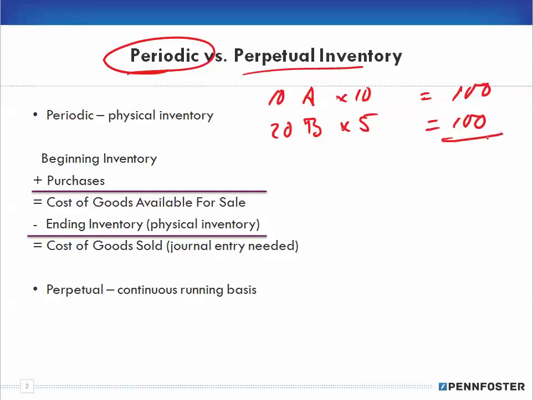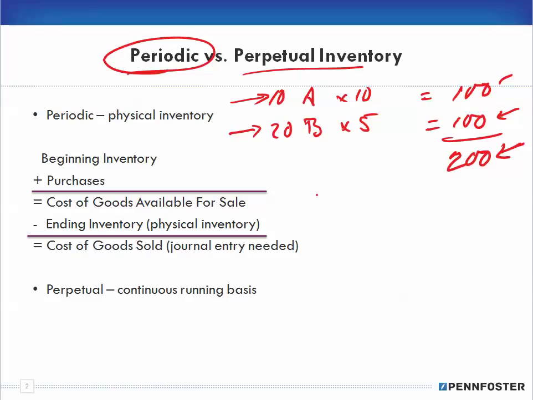So now your balance is $200. Now notice what happened. When I bought 10, my inventory value was 100. As soon as I bought 20 more of something else, my inventory changed. So now I have a new running balance of 200.